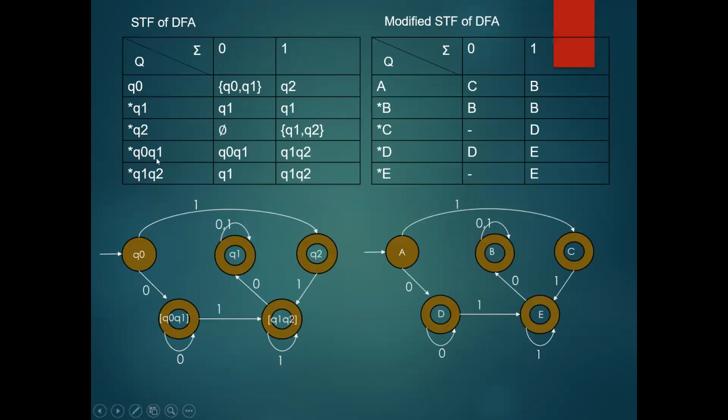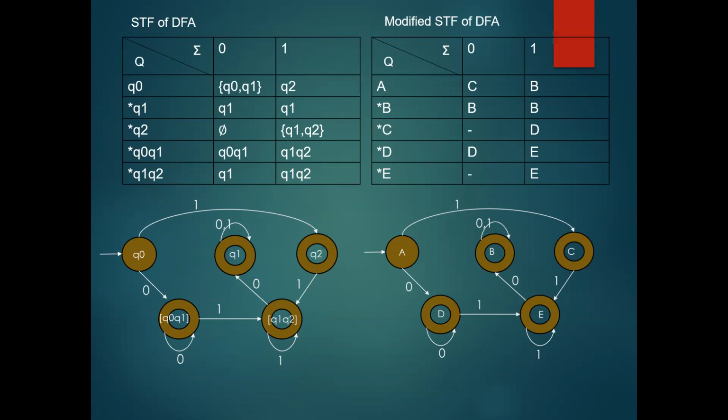Q0, Q1 contains Q1, so it is also marked final. In Q1, Q2, both states are final in the NFA, so it is marked final.